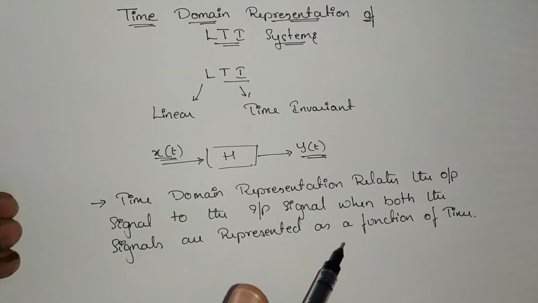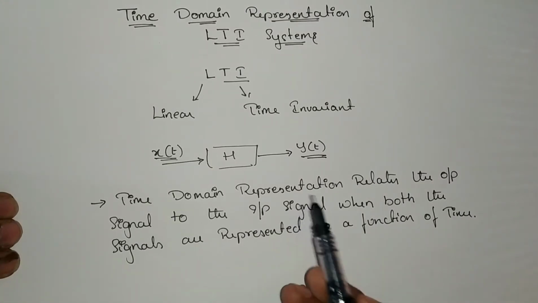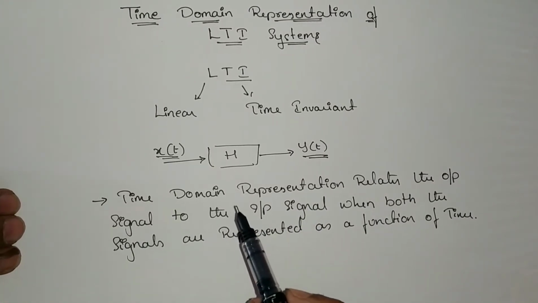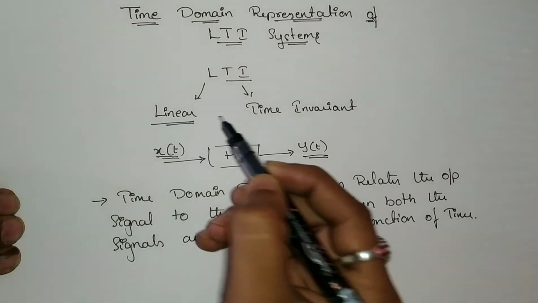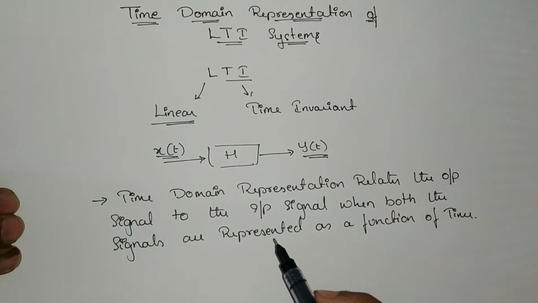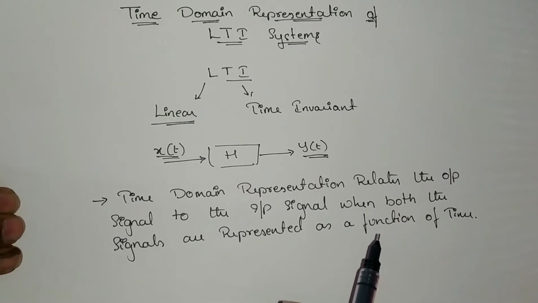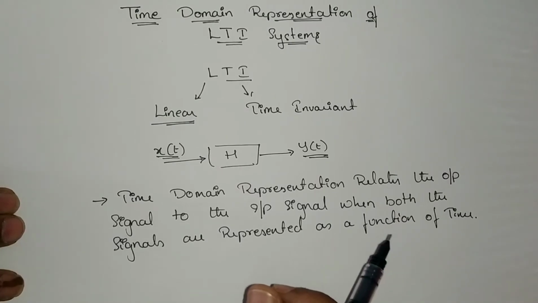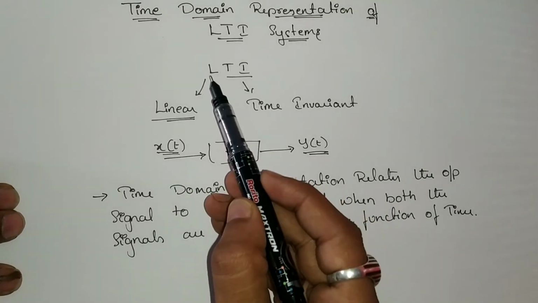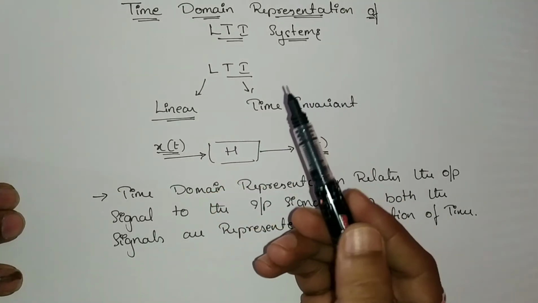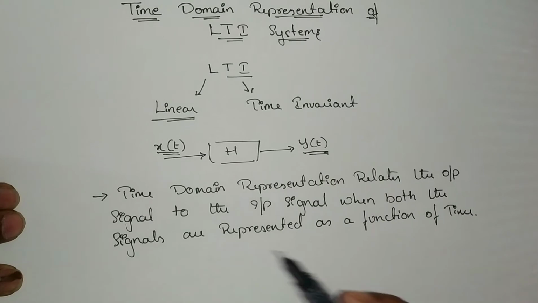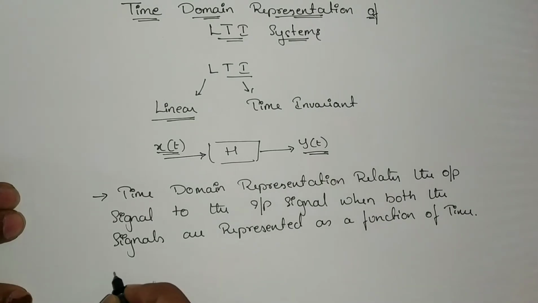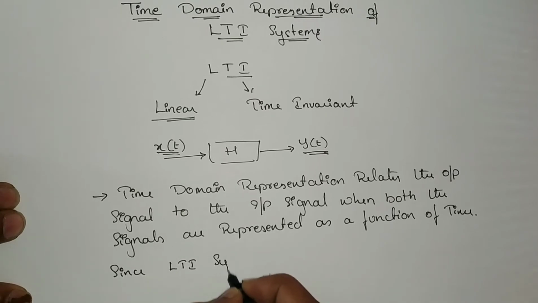As we all know, we have discussed the properties of the system in our previous videos. We all know about linearity. Linearity is a property where it obeys the superposition theorem, right? Since we are talking about linear time invariant, the system obeys the superposition theorem.